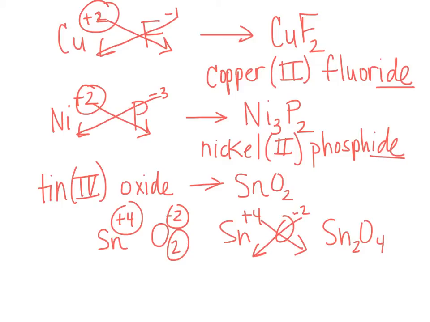Okay, and this is where you need to be careful. These subscripts 2 and 4, you need to make sure that those subscripts are fully reduced. Okay, that the subscripts are fully reduced. So then to fully reduce it, you would divide both of these here by 2, and then that's how you get SnO2, like that.